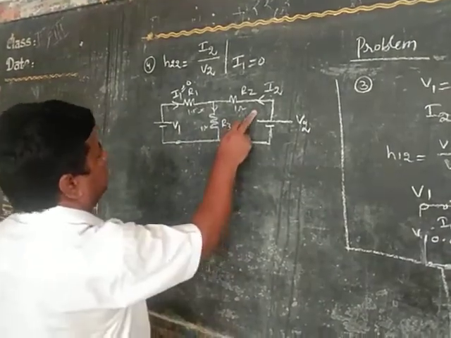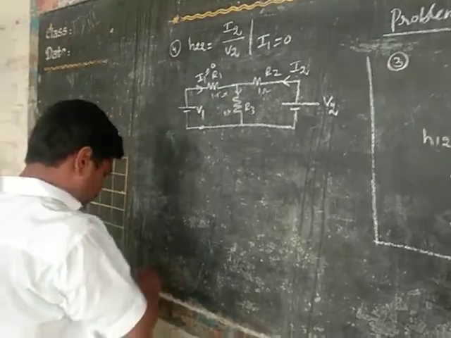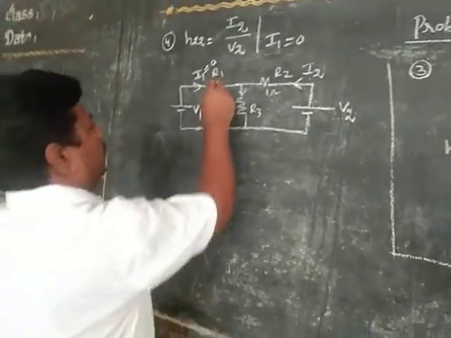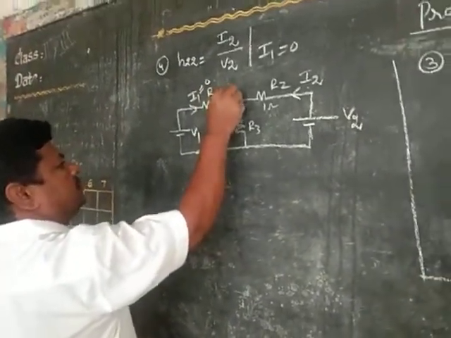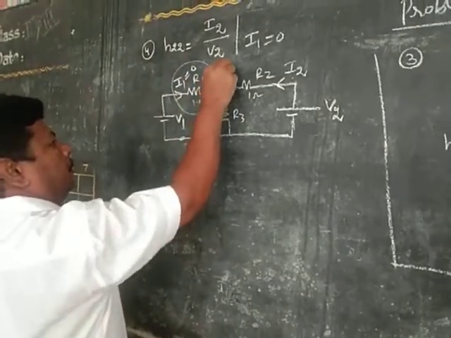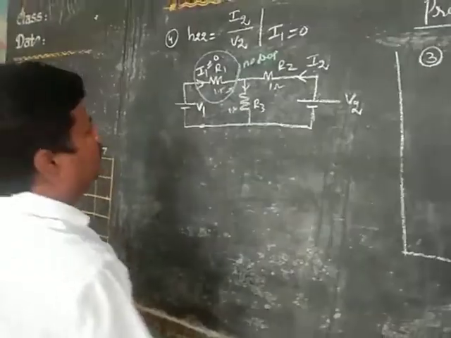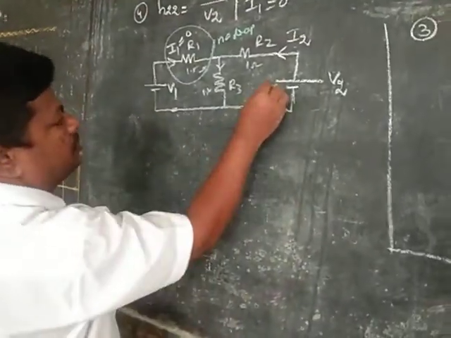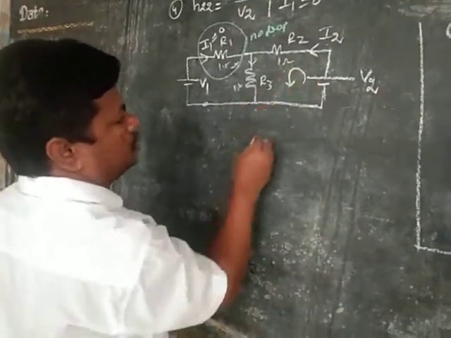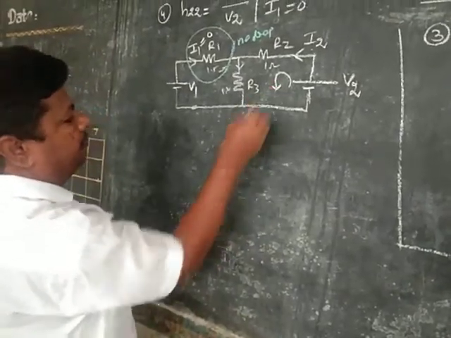We have to find whenever I1 is equal to 0, there is no drop across resistor R1. Now simply apply KVL in this loop. Then find I2 current.